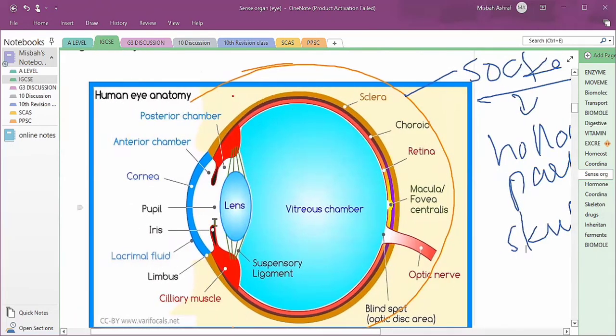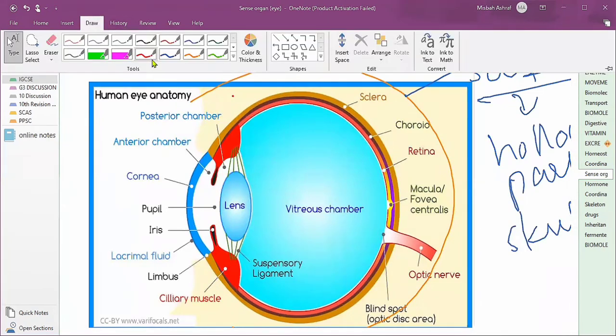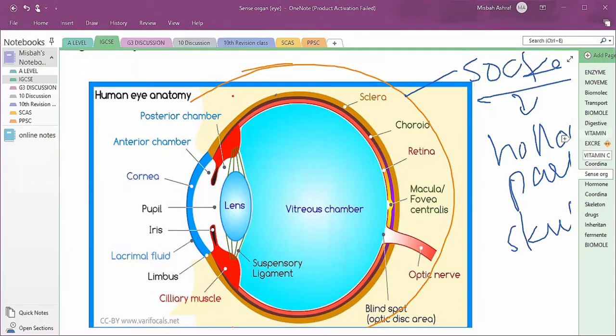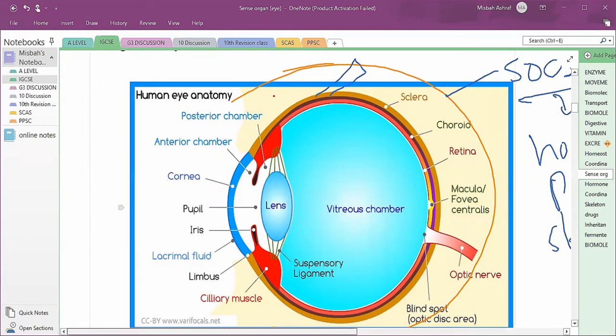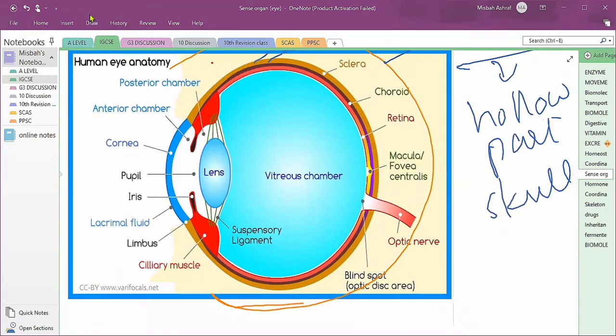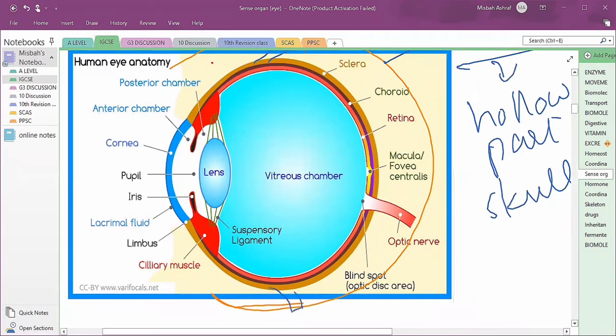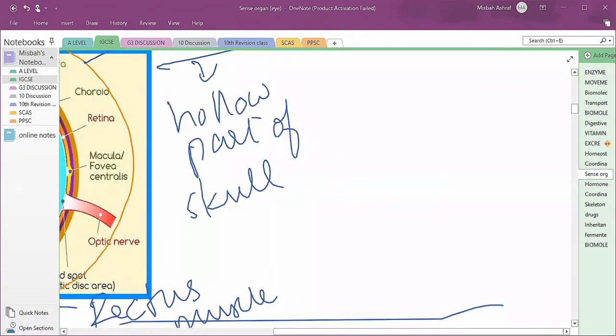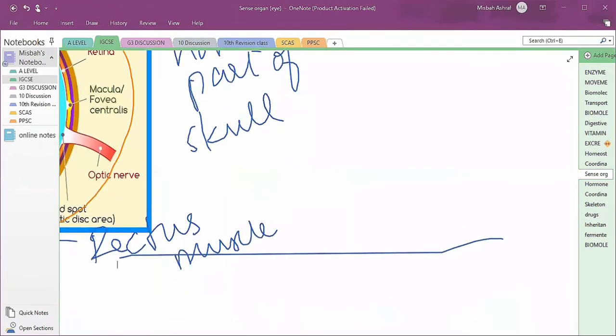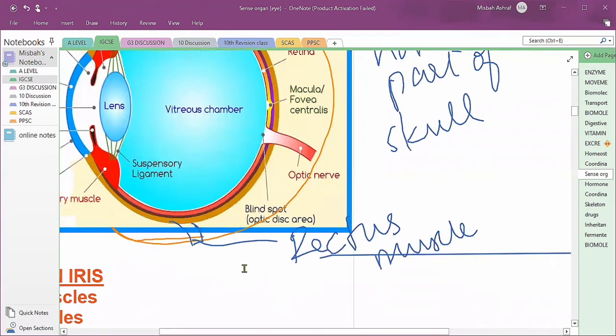And this eye is attached to this socket with the help of some muscles, and these muscles are known as the rectus muscles. We can draw them in this way, these are the rectus muscles. Two rectus muscles are present on two opposite sides of the eye, and these rectus muscles attach the eye to the socket of the skull.